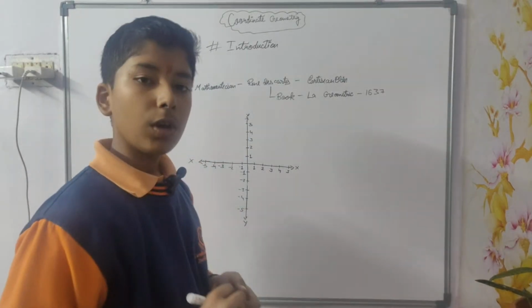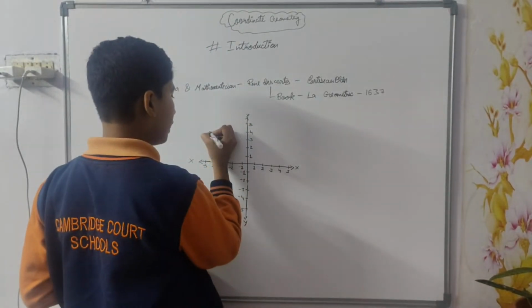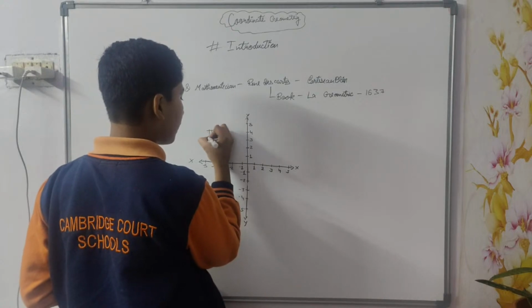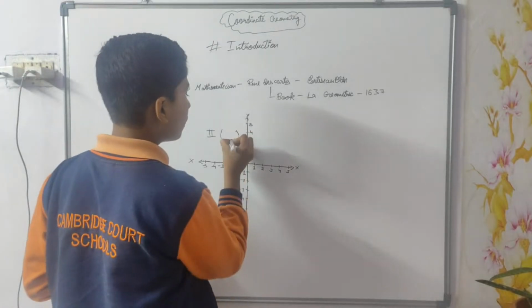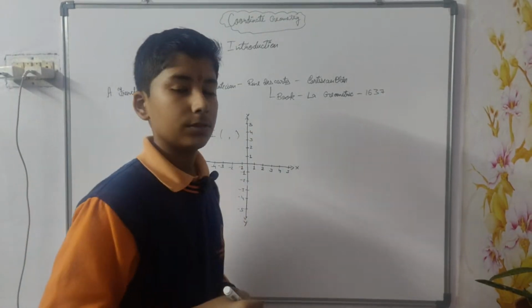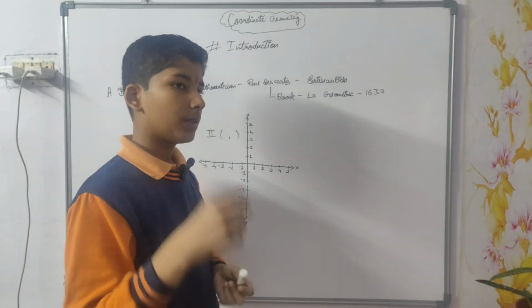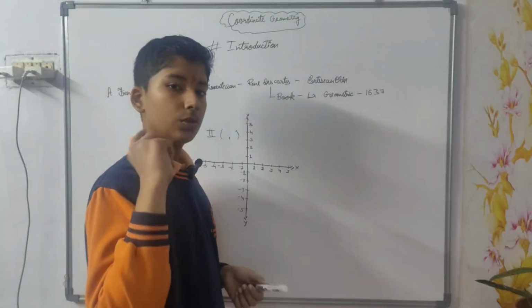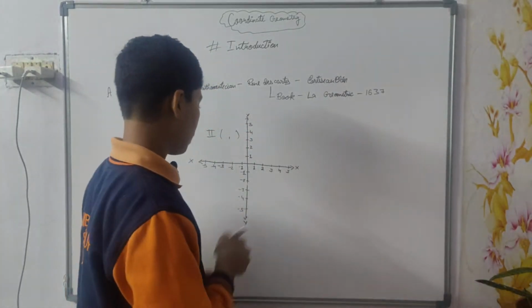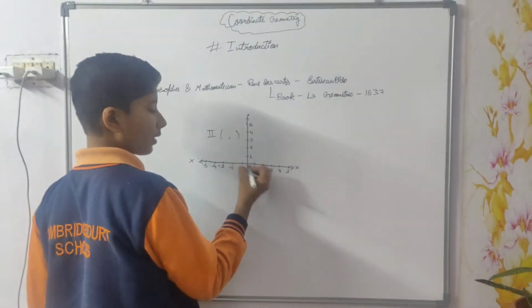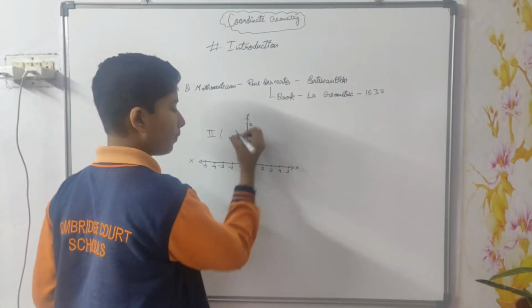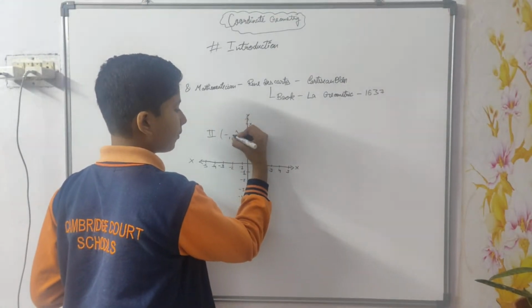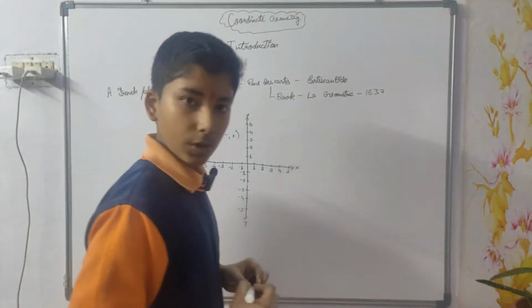Now I want to ask you, what are the coordinates of the second quadrant? Dash, comma, dash. I'll give you some time. Yeah, okay. I have told you, firstly we write x, then y. X is minus over here, y is plus over here. So we will write minus and plus. Okay.